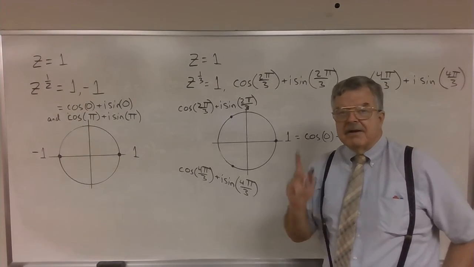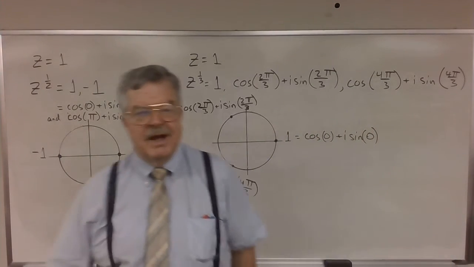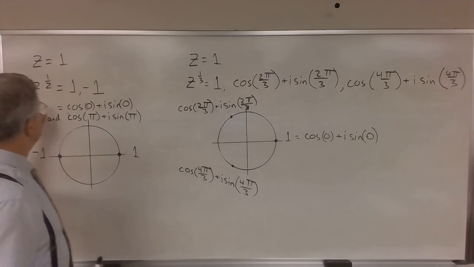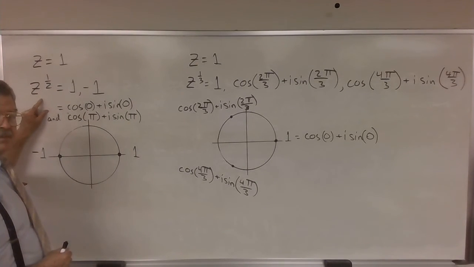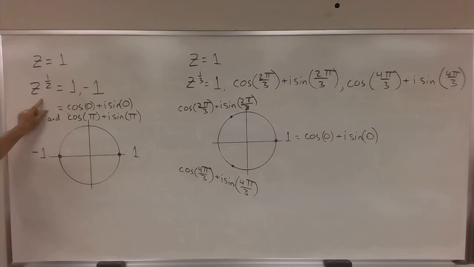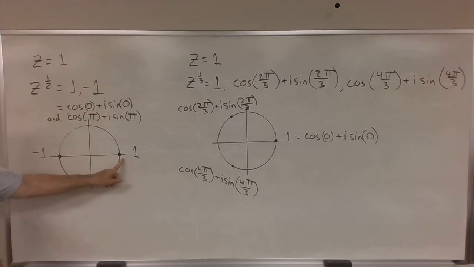Okay, here we've plotted the square roots of 1. So this is cosine of 0 plus I sine of 0. This is cosine of pi plus I sine of pi.